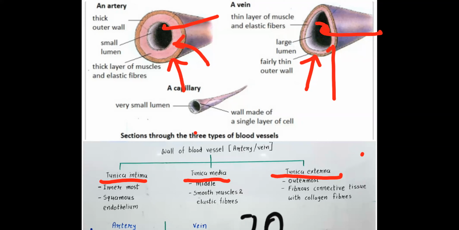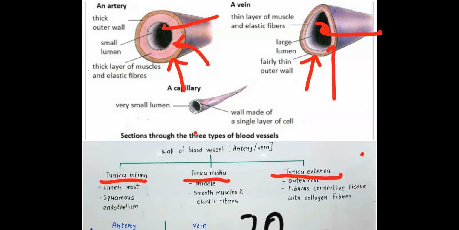Next, the tunica media, the middle layer. This layer has got smooth muscles and elastic fibers. Look at the position and composition. Tunica media is made up of smooth muscles and elastic fibers.